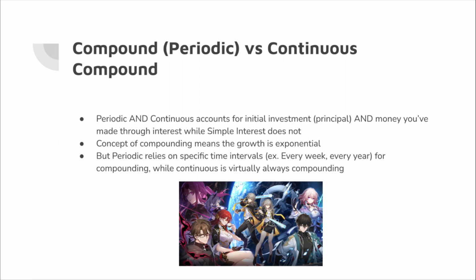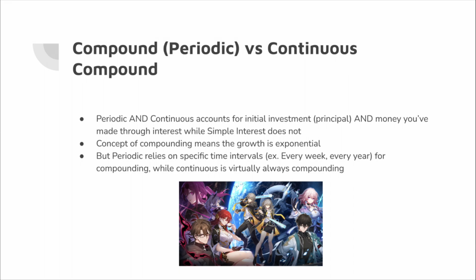While simple interest, which we will not be going over in this video lesson, but you should be aware that simple interest does not account for past investments, and it does not compound interest on top of what you already have. And that means that since compounding, every time you compound your interest, you get more and more each time, right? So that means that this is an exponential relationship.